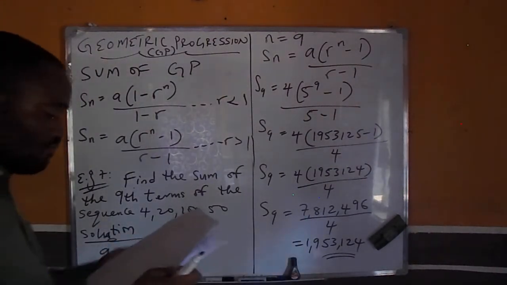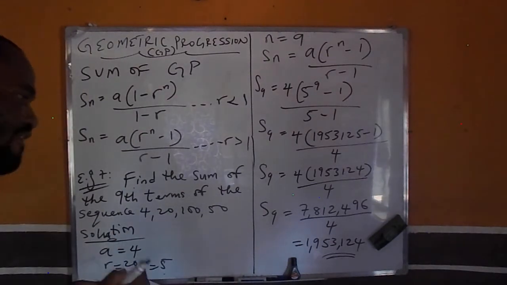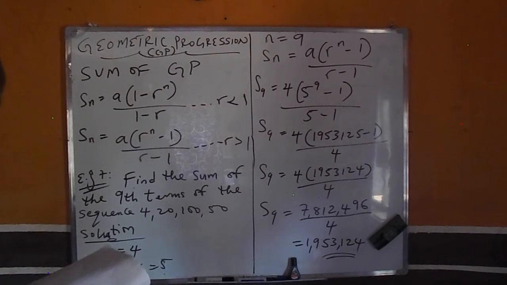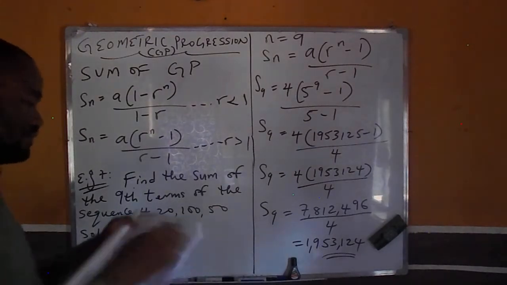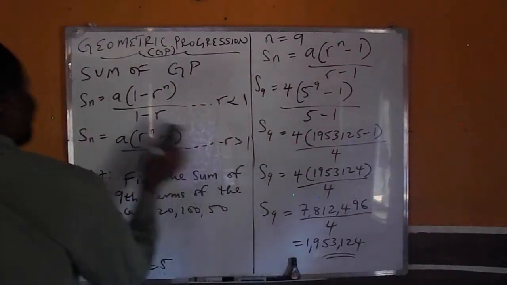Now, we can move on to the second example. After getting our answer here to be 1,953,124, we can now move down to the second example on the sum of a GP, which will be our example 8.